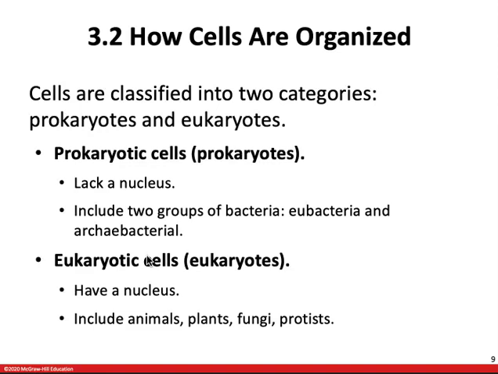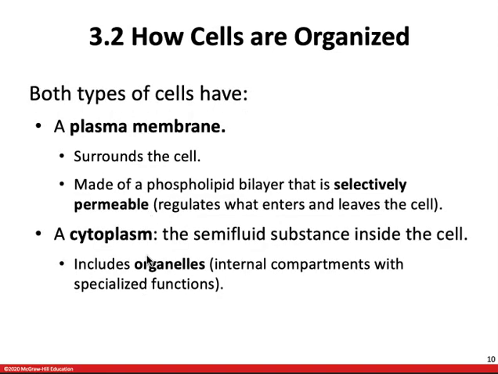Eukaryotic cells, or the eukaryotes, are going to have a membrane-bound nucleus. This includes those four kingdoms that we mentioned in Chapter 1: Animalia, Plantae, Fungi, and Protista.